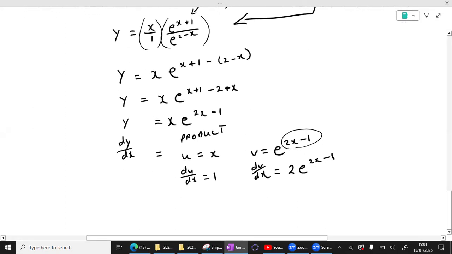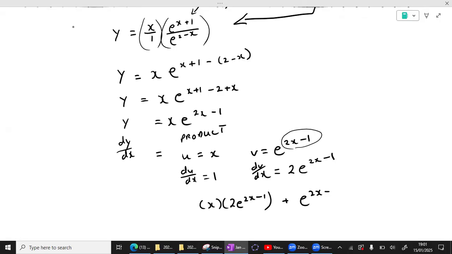Now, because I'm using my product rule, I should be writing down my product formula. You can pause the video there if you want to write that down. I'm just going to zoom ahead here because I don't want to make the video too long. So that is my v times du/dx, which is 1.